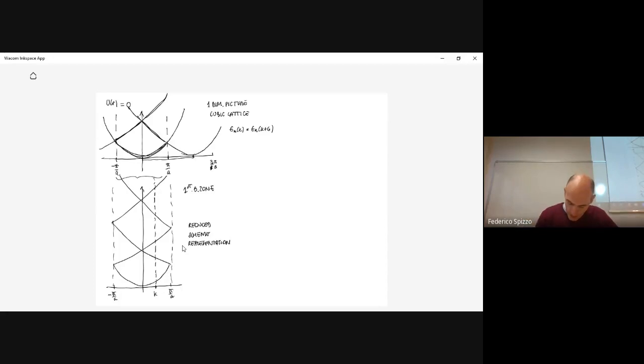So you have one intersection here, one intersection here, another intersection here, and so on.